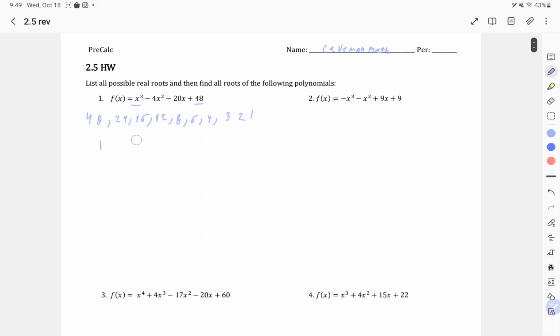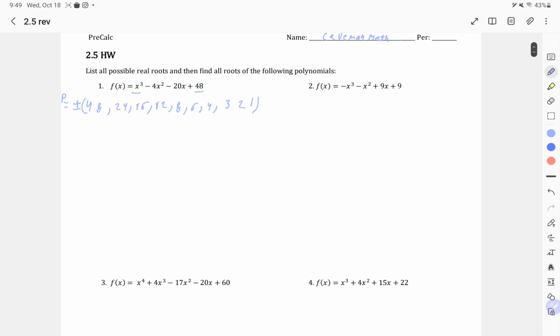So these are all of the possible roots. Let's just put parentheses around all of these so it's easier. So p possible could be any of these, right? And to actually know which ones of them are the real roots, I believe that synthetic division is the most efficient way of finding the answer to that.